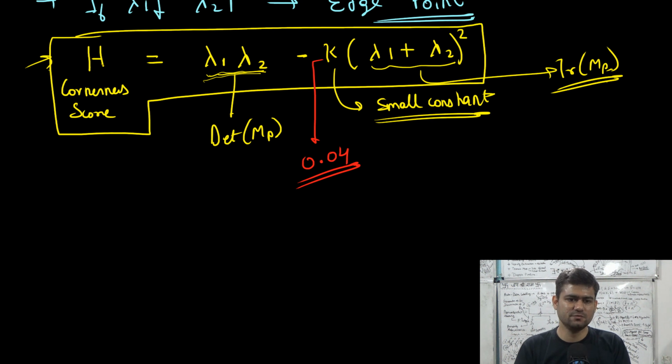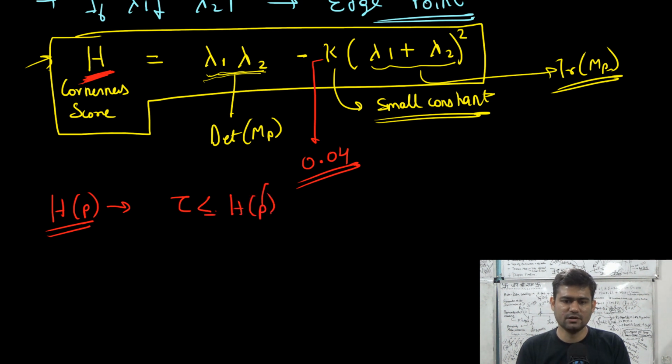So we compute this H for each of the pixels in the image, and we get a matrix H with the same dimension as the image. We select a particular pixel P as a corner pixel if the cornerness score at location P is greater than some human-defined threshold tau.